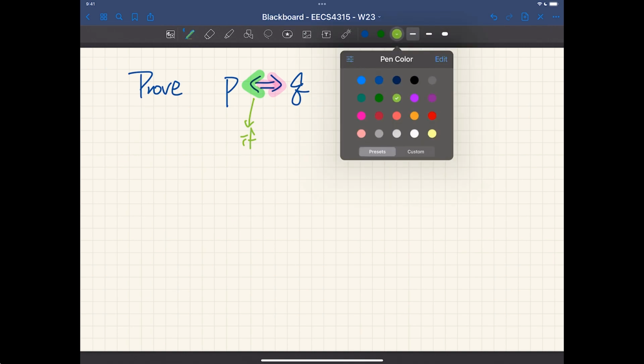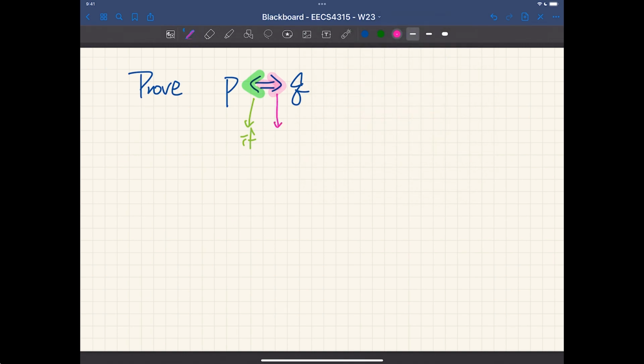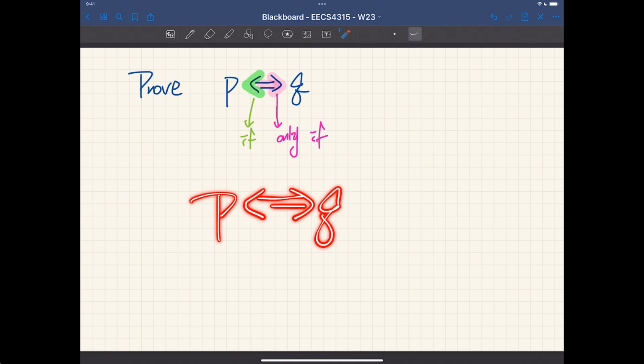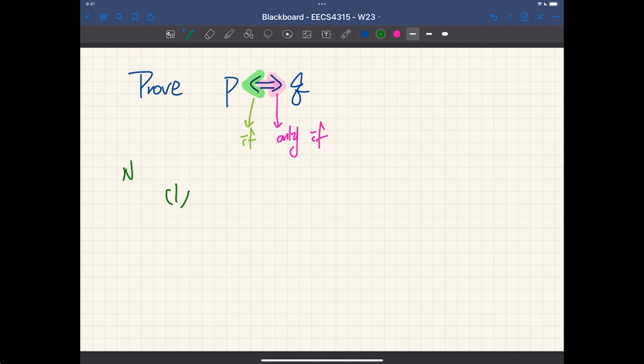Let's write this down and then we'll see. Whenever you're writing this, you'll say P if and only if Q. If you remember that, hopefully that will always get you the right pattern. So that means if I want to prove this equivalence, I need to prove both directions.